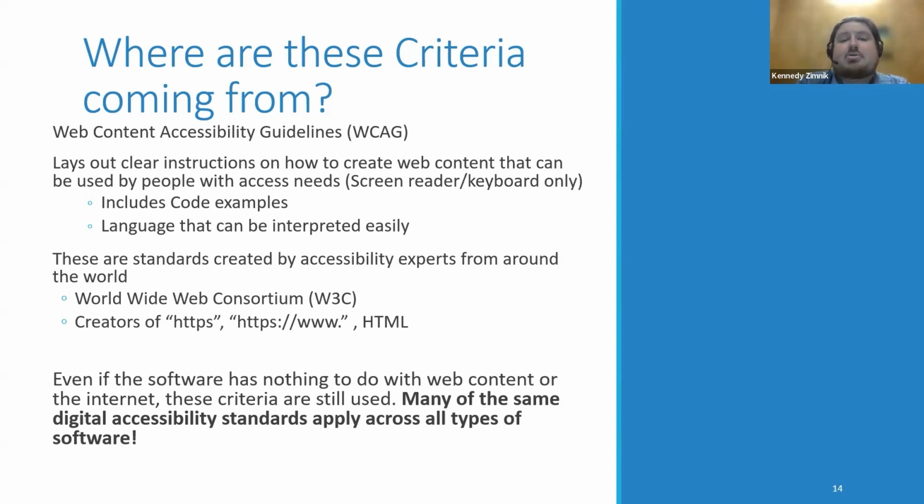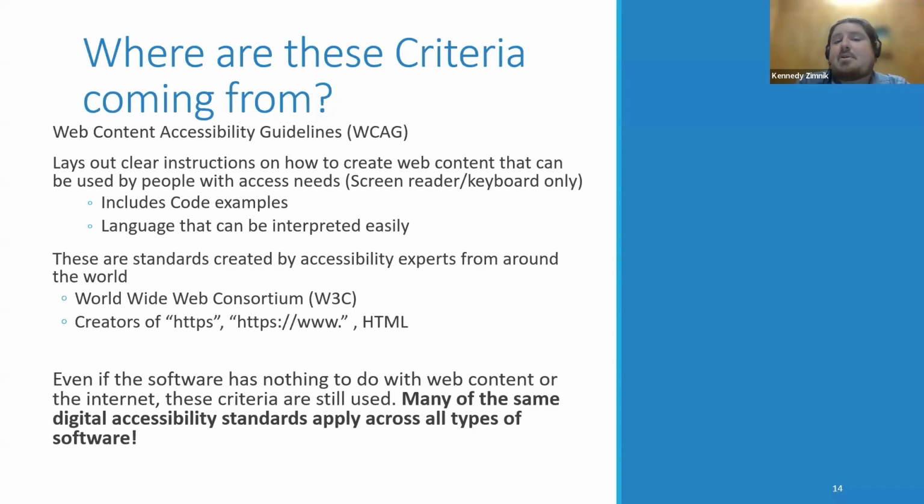I recommend you look up WCAG yourself and read through their criteria. They are a little technical, obviously, but they really are easy to read, and they make the language easy enough to understand. These standards are created by accessibility experts from around the world.